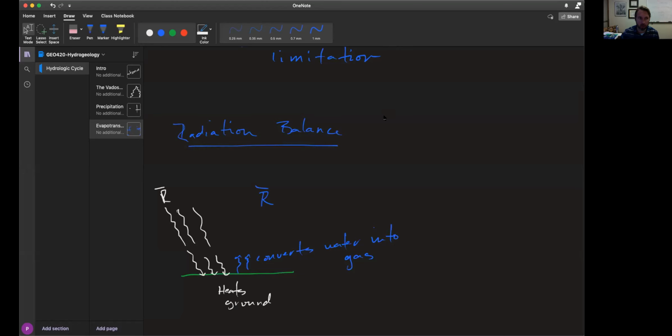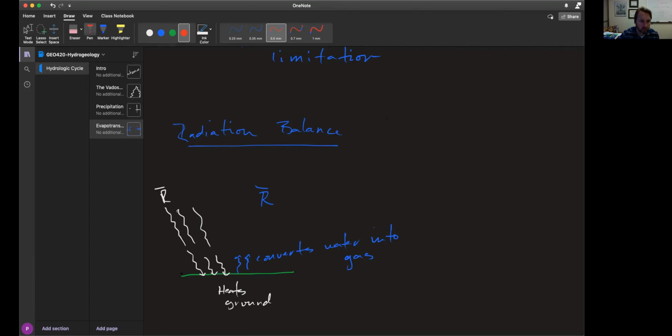And R here is actually the net radiation. So this is incoming shortwave radiation from the sun, which is this white stuff, minus the longwave radiation that is emitted and minus anything that gets reflected.